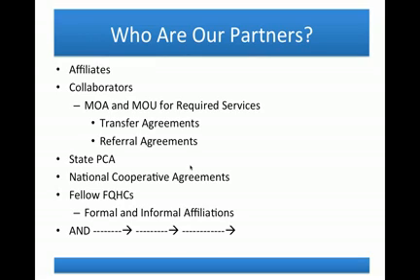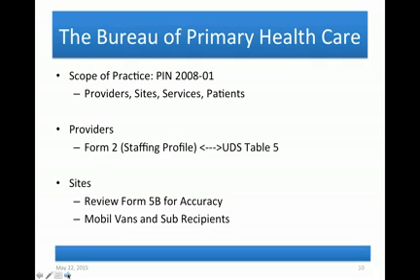Your fellow FQHCs, and they can be formal and informal affiliations. We'll talk much more about that. And probably the biggest, strongest partner that we as community health centers and migrant health centers and homeless health centers have is the Bureau of Primary Health Care.